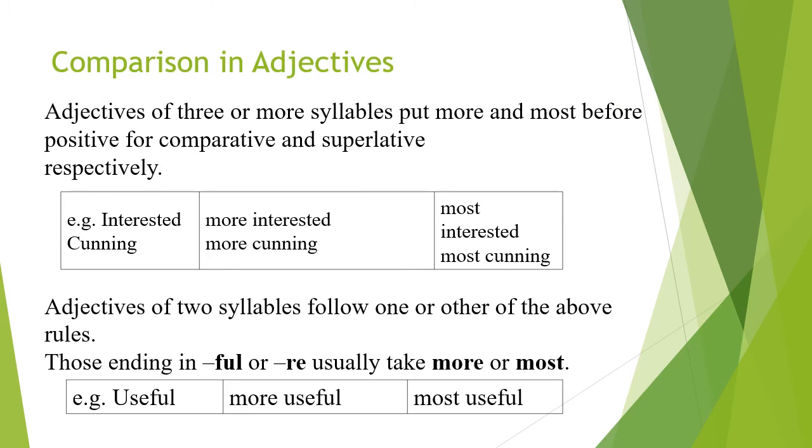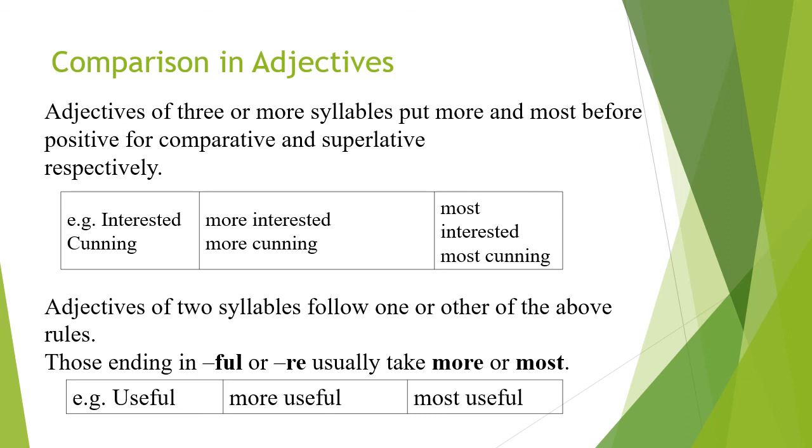Adjectives of 3 or more syllables put more and most before the positive for comparative and superlative respectively. So interested, more interested, and most interested. Cunning: you can have more cunning in comparative and most cunning in superlative. Also, adjectives of 2 syllables follow one or other of the above rules.